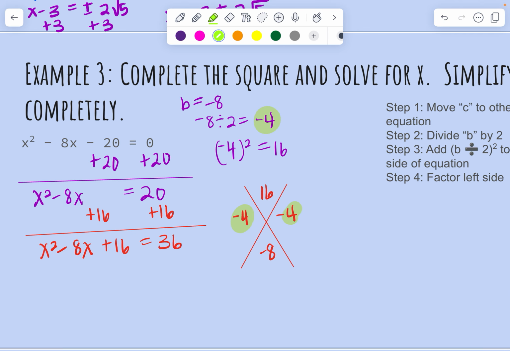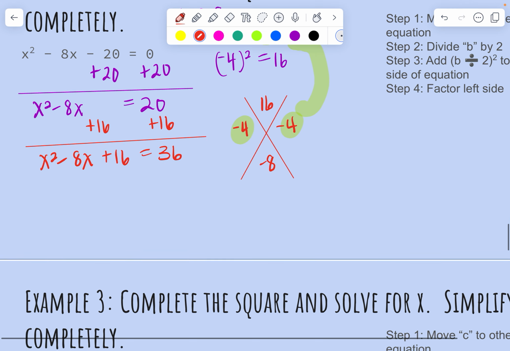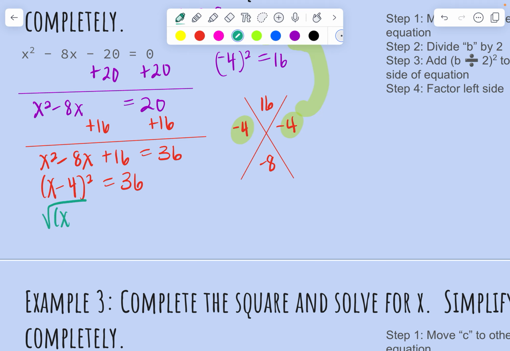Again, the same as our magic number up here, which means this ends up factoring to x take away 4 squared equals 36. And if we square root both sides, we end up with x take away 4 equals positive and negative 6. That's the square root of 36.